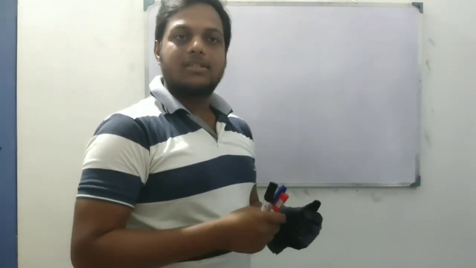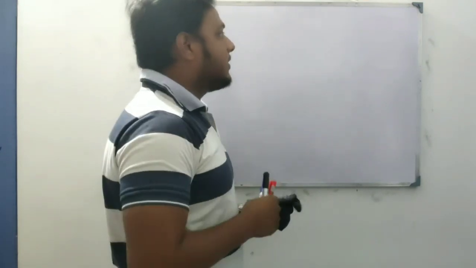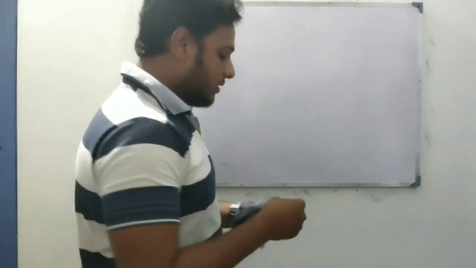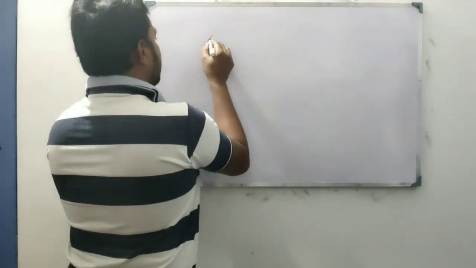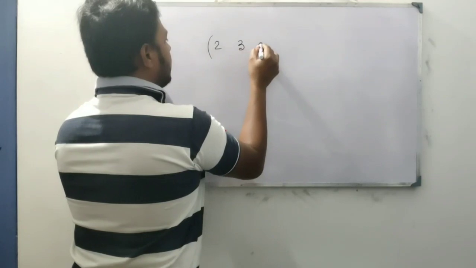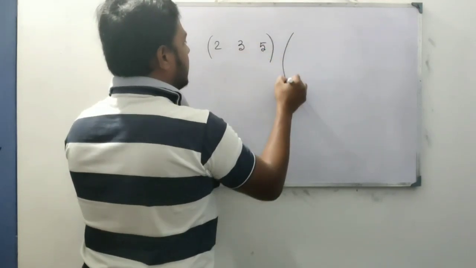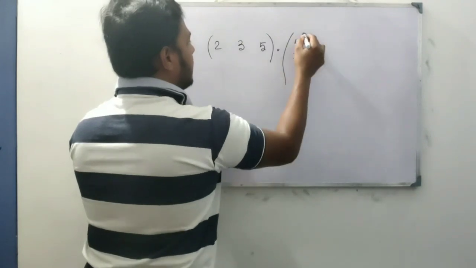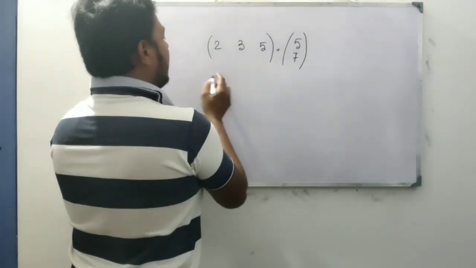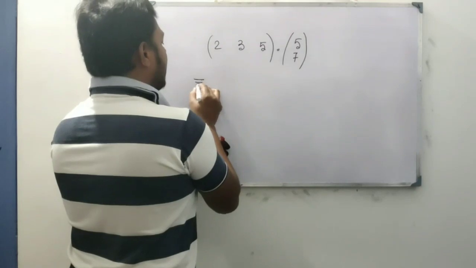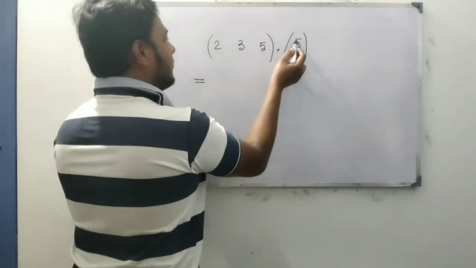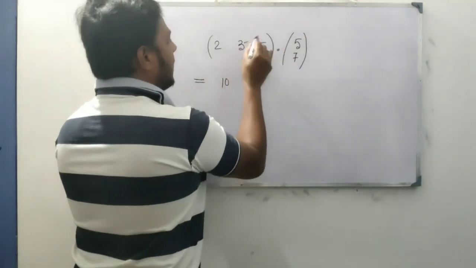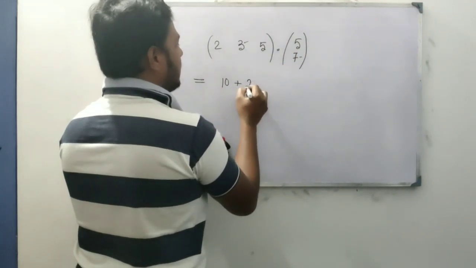The question arises: is it always possible to consider the inner product of a row matrix and a column matrix? Suppose I am considering a row matrix 2 3 5 and a column matrix 5 7. Now if we try to take the inner product, then 2 multiplied with 5, very good, 10. 3 multiplied with 7, 21.